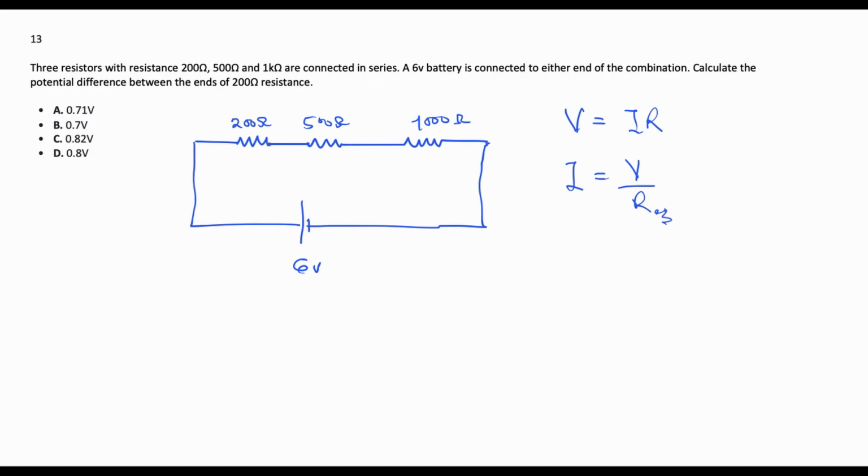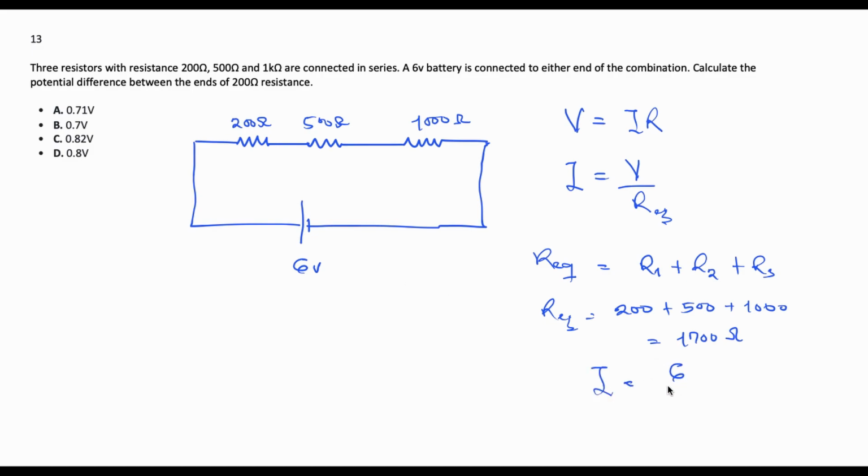When you have resistors connected in series, the R equivalent is equal to R1 plus R2 plus R3, which means that our R equivalent in this case is equal to 200 ohms plus 500 ohms plus 1000 ohms, and this is equal to 1700 ohms. So the current flowing across this circuit is I equals the voltage 6 divided by 1700, and this is equal to 0.00353 amps.